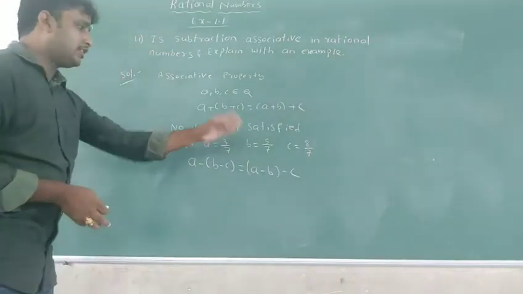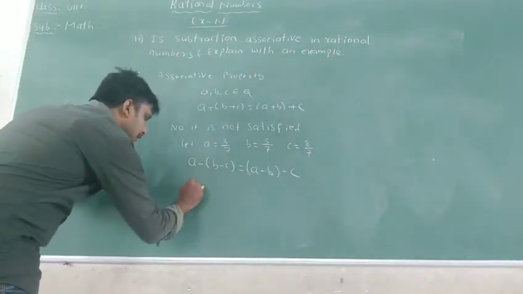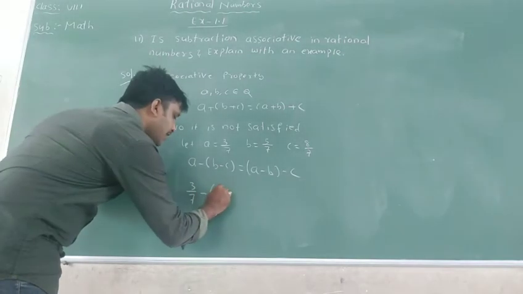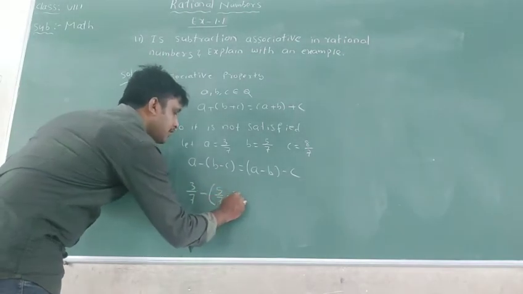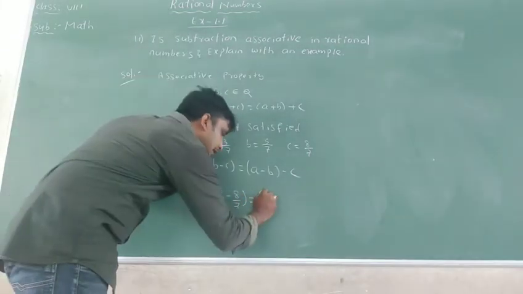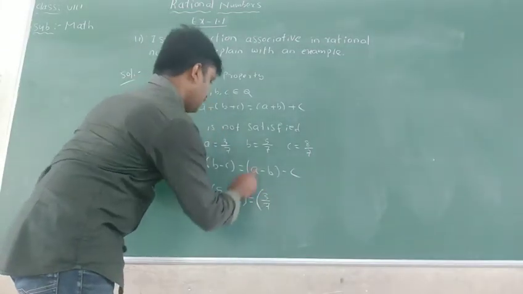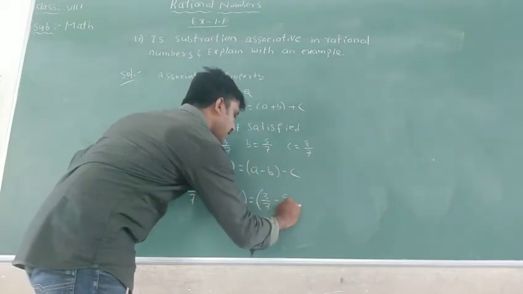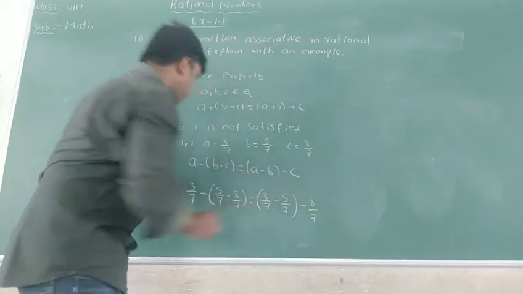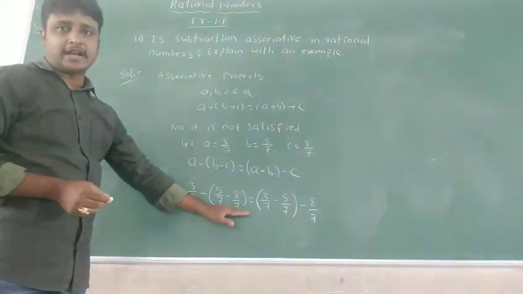So substitute the values here: 3/7 minus (5/7 minus 8/7) compared with (3/7 minus 5/7) minus 8/7. First we have to solve inside the bracket.